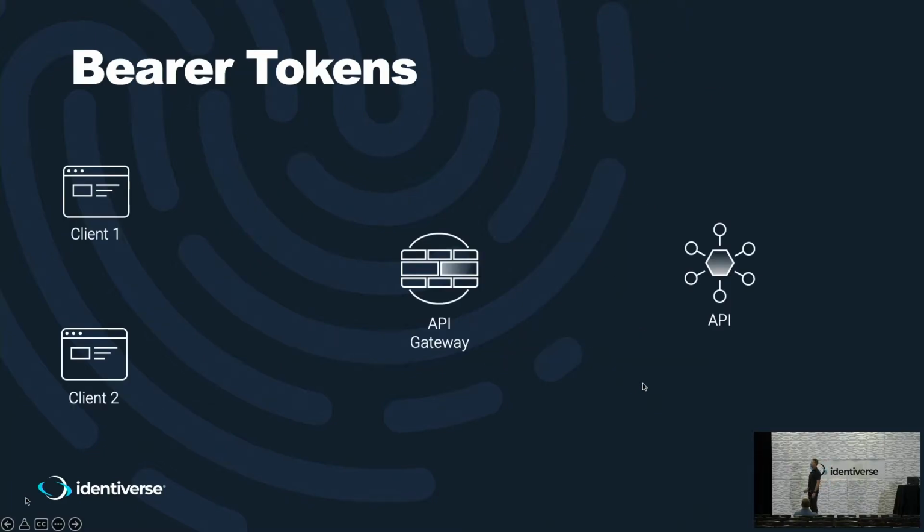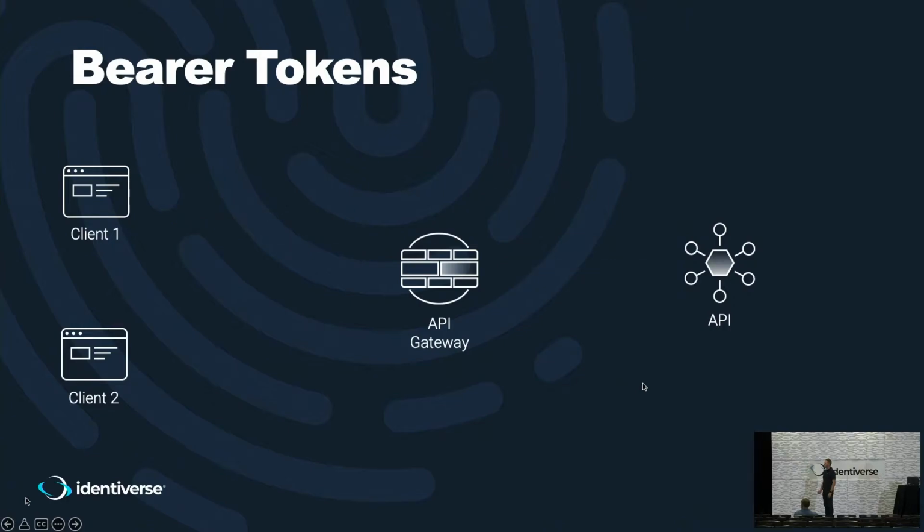So in a bearer token scenario, the client has a token and sends it to the API or API gateway. The API gateway performs some checks to validate the token, right? It's going to be pretty rudimentary things, like checking the issuer, audience, expiration, and things like that. And that's all fine.